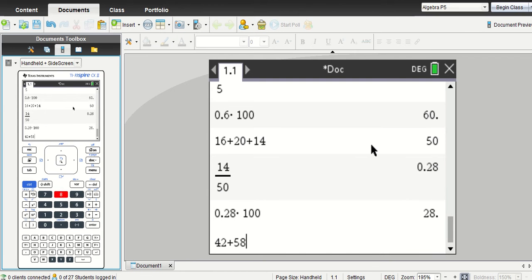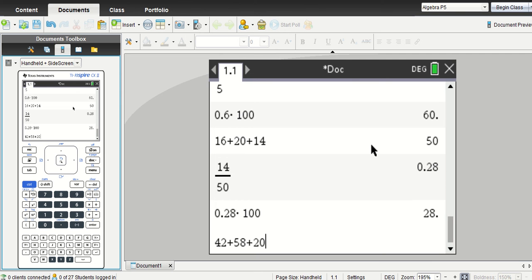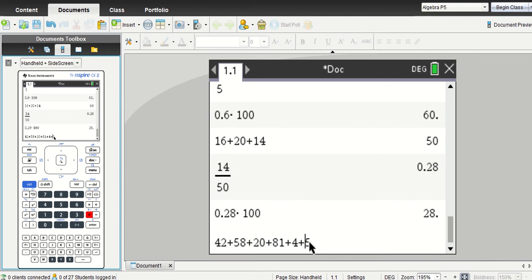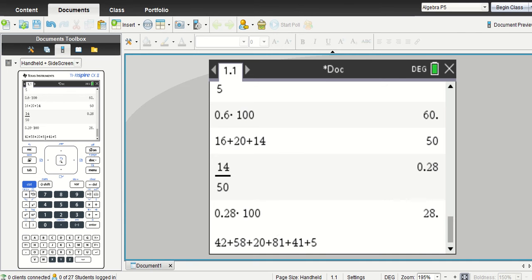42, 58, 20, 84, 41, 5. You can see I already typed something wrong. Oh, and it's 84, not 81.